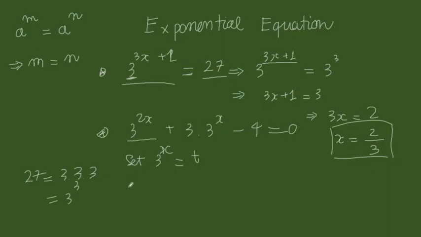In the first term you have 2x, and you can rewrite it as 3 power 2x. Because I set 3 power x equal to t, I can write it as 3 power x squared, and I can substitute t. So the original equation becomes t squared plus 3t minus 4 equal to 0.